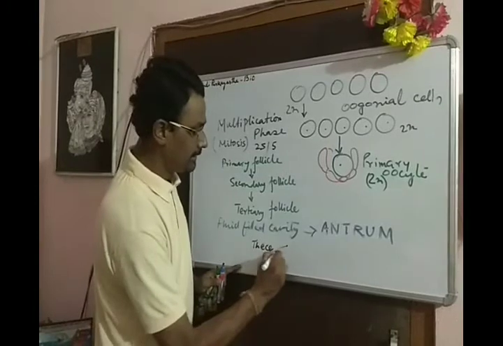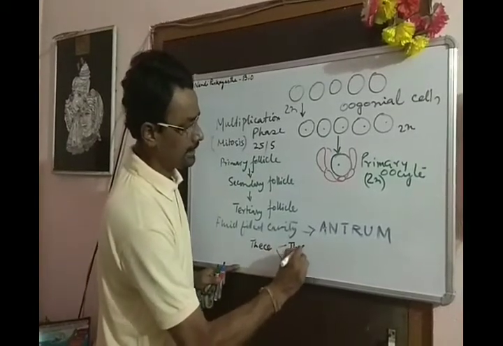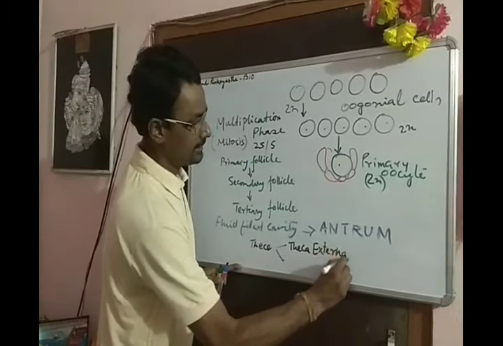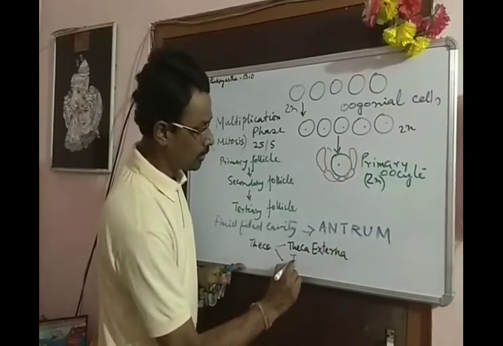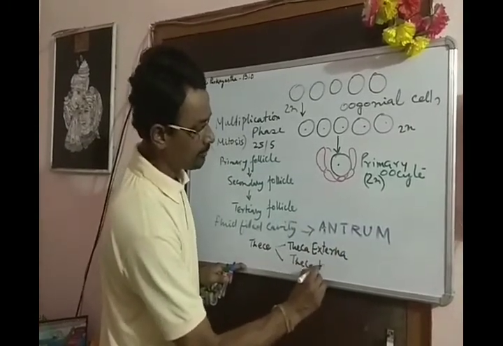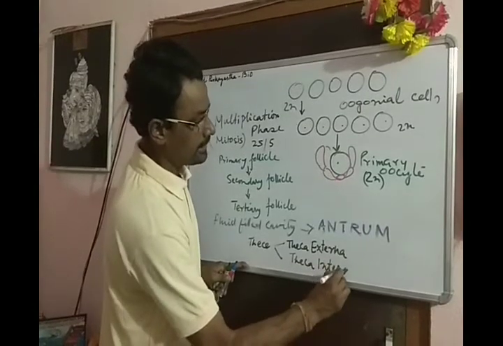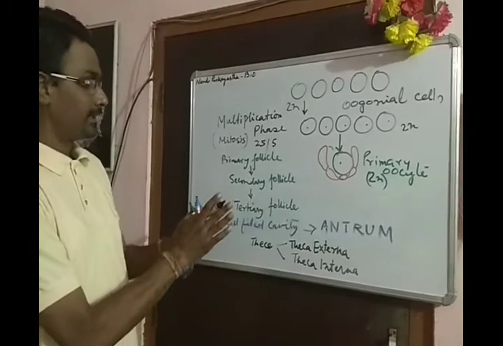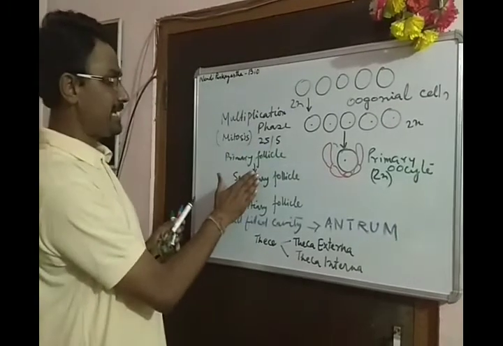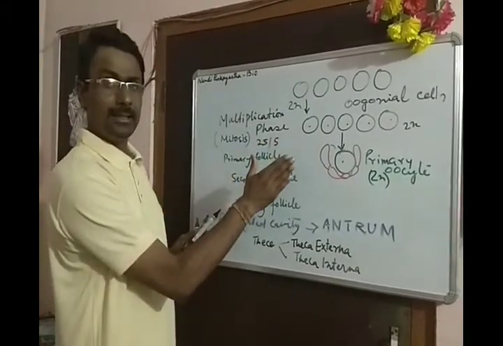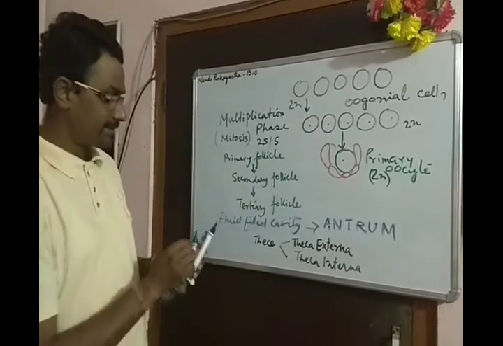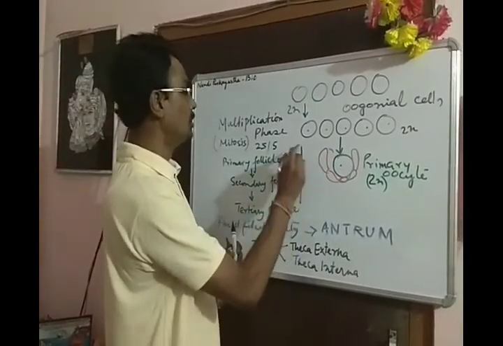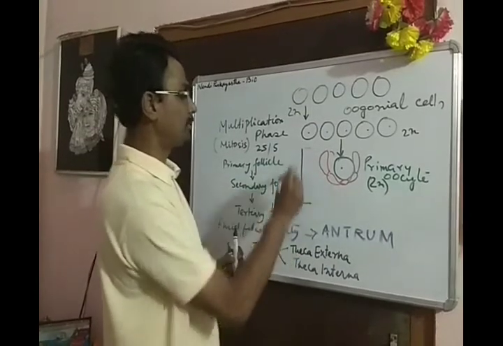One is called theca externa. The internal one is called theca interna. Is it clear to you? So this process of development actually occurs in the growth phase. This is the growth phase.